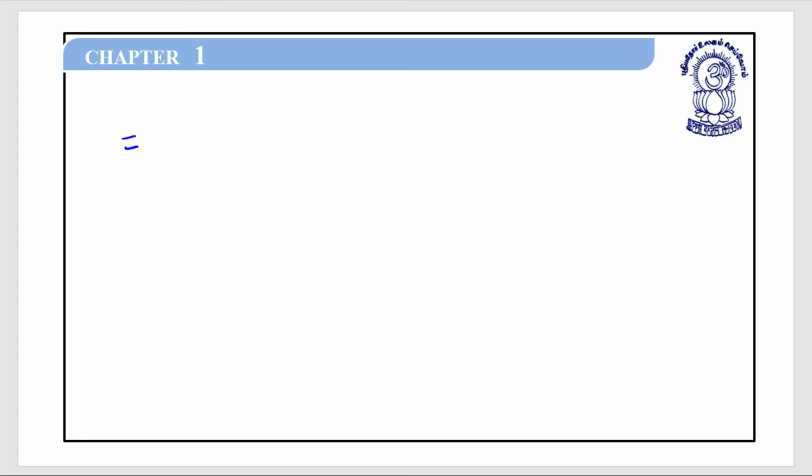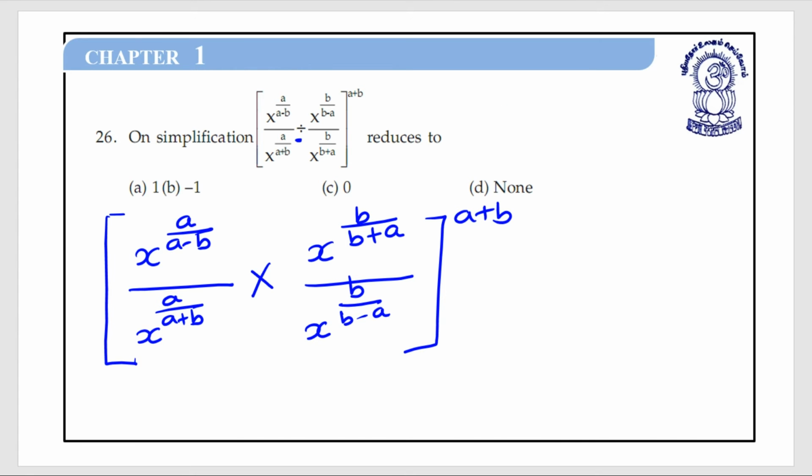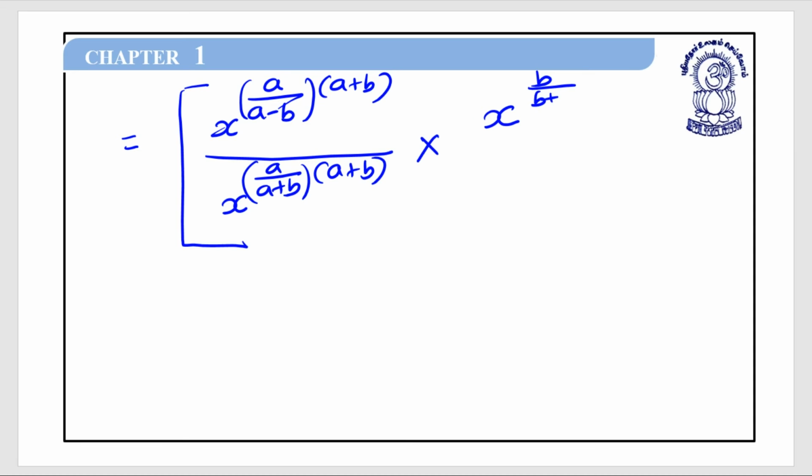Is equal to x raised to a upon a minus b, multiply with a plus b, upon x raised to a upon a plus b, multiply with a plus b, into x raised to b upon b plus a, multiply with a plus b, upon x raised to b upon b minus a.